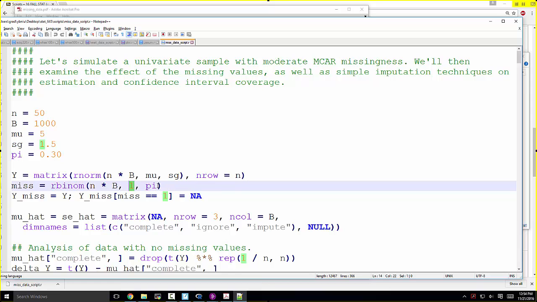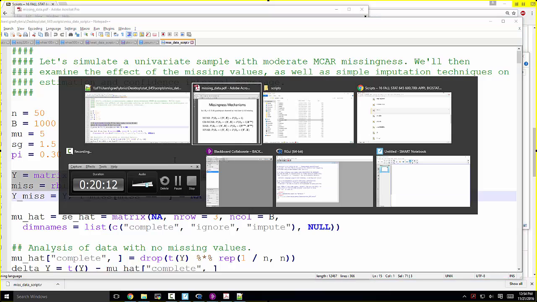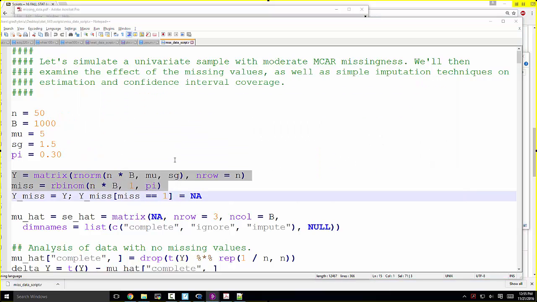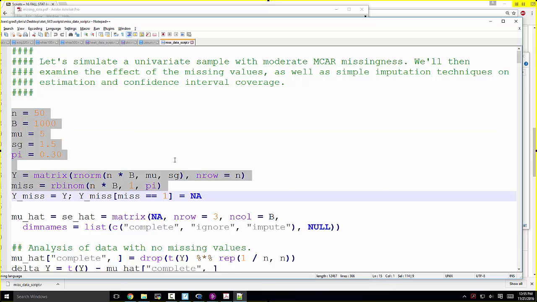And the probability of that trial being a success, or in other words, this individual being missing, is pi, currently 0.3. Miss is going to be 50,000 zeros or ones. Here, let me run all of this through here.